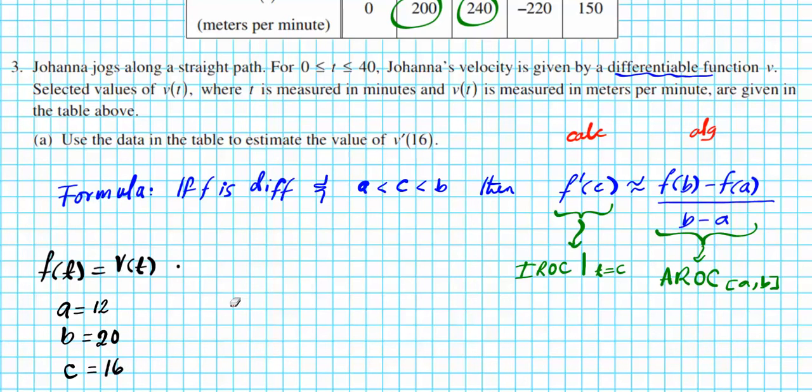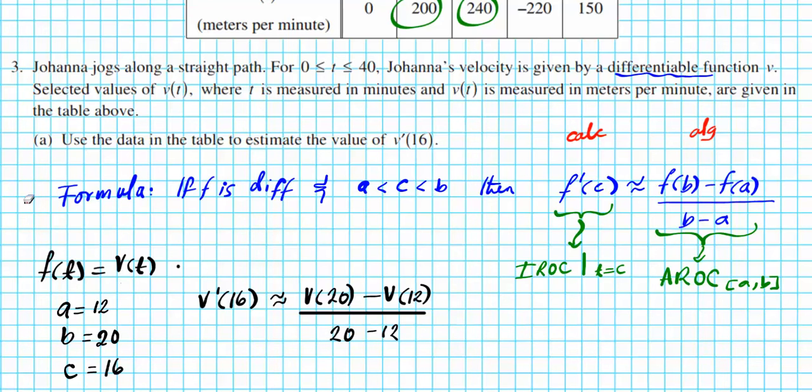Now we're going to plug these values into this equation. So we have v'(16), the slope of the tangent line, is approximately the slope of the secant line, which is v(20), v(b), minus v(12), v(a), divided by b minus a. So that's 20 minus 12.